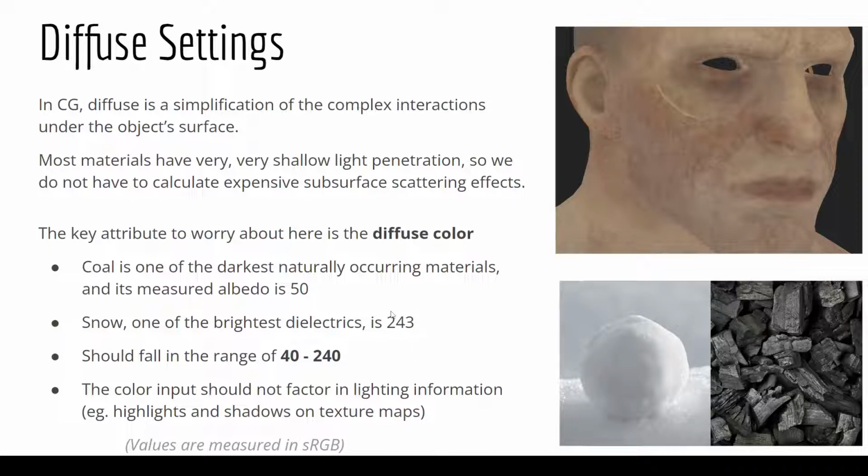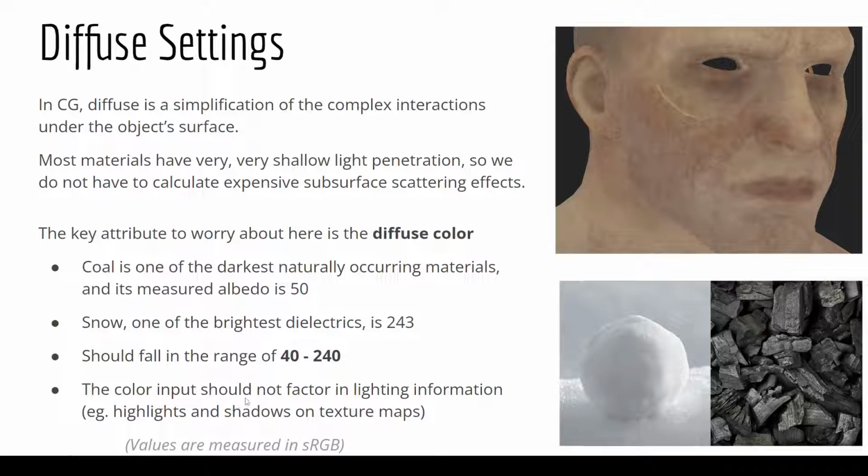So you'll see it doesn't quite reach white. Even white paper, the whitest material you can think of, is still not perfectly white or maximum brightness. So our diffuse color or albedo color should fall in the range of 40 to 240 if we're thinking about 0 to 255 as our RGB values.